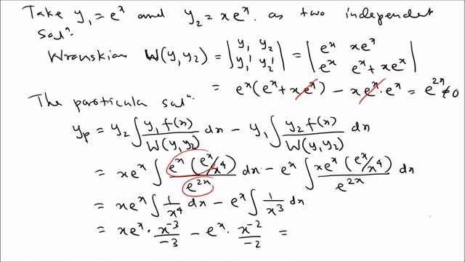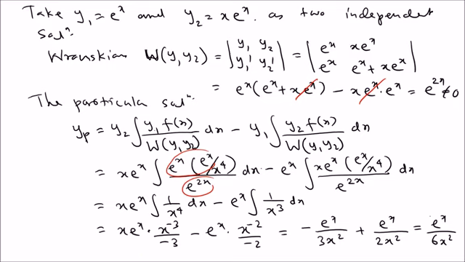If you simplify, what do you get? Negative e^x over 3x squared plus e^x over 2x squared. If you add them, you get e^x over 6x squared. Okay, that's the y_p.